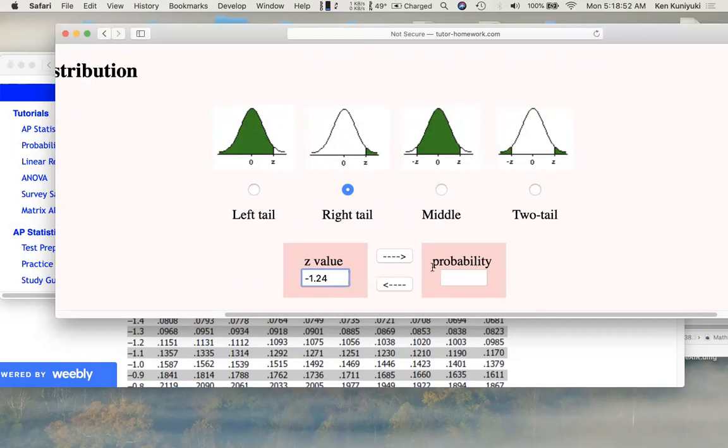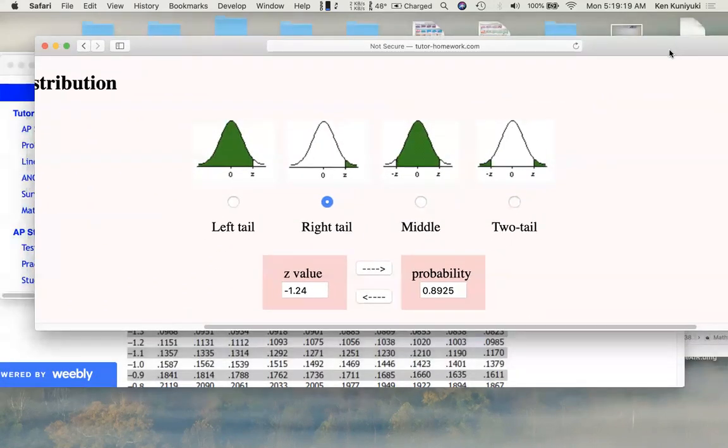We want the right tail probability this time, and that's the big number, 0.8925. Remember, for the left tail, it was the small number, 0.1075. For the right tail, it's going to be 0.8925. So it's small for the left tail and big for the right tail. Remember, negative 1.24 is out here, so the right tail is a big probability.